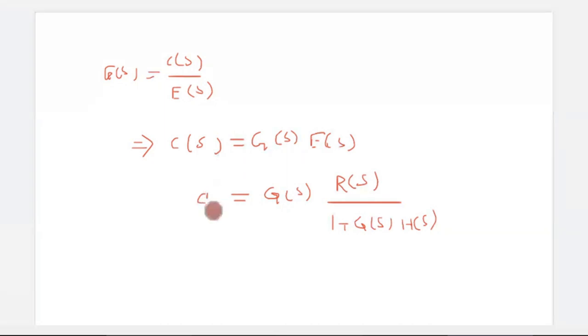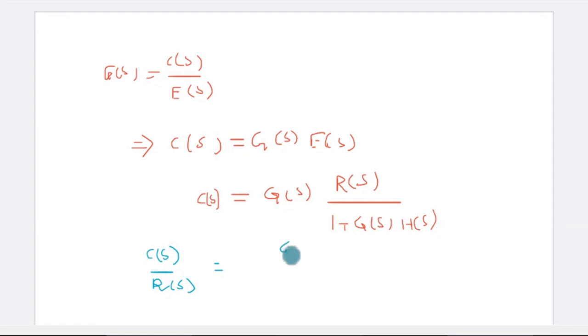Is there any possibility for getting C of s by R of s? Yes, sir, we can write C of s by R of s is equal to G of s by 1 plus G of s into H of s.